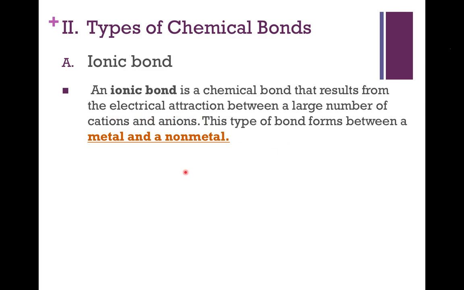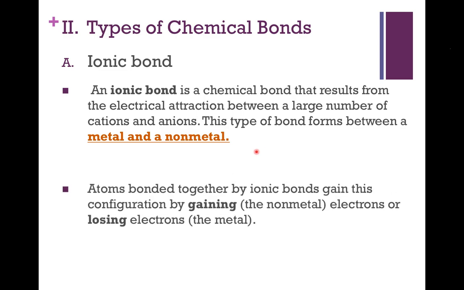This type of bond forms between a metal and a non-metal. Atoms bonded together by ionic bonds gain this configuration by gaining electrons, as the non-metal will gain an electron or 2, or by losing electrons, as the metal will give up an electron or 2 or 3.